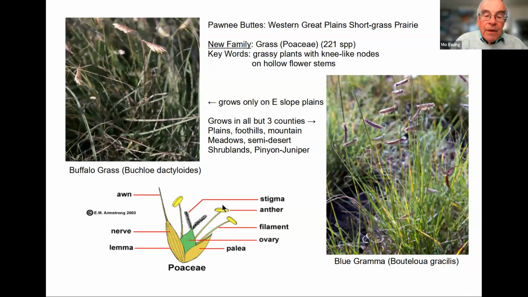It has a filament and anther on it. So it's highly modified because it's not pollinated by pollinators, it's pollinated by wind.